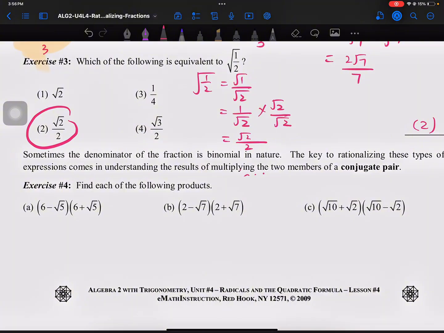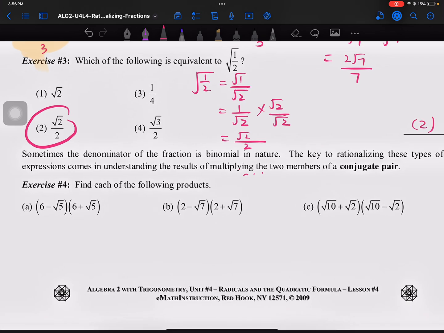To rationalize those, we multiply by something special called a conjugate. If we have A plus B, the conjugate is A minus B. If we have A minus B, the conjugate is A plus B. When we multiply conjugate pairs, the middle terms cancel out. So that's why we have this standard formula: (A plus B)(A minus B) equals A squared minus B squared.